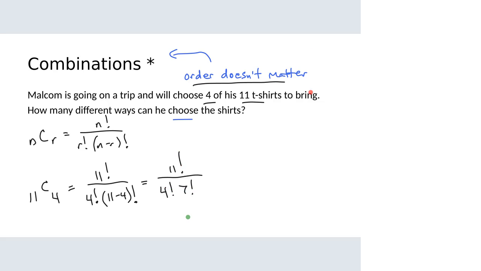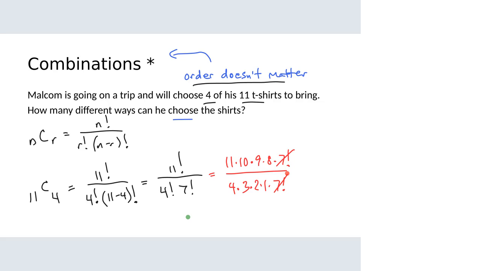I want one of those to cancel on the bottom, so I'm going to rewrite this 11 factorial as 11, 10, 9, 8, 7 factorial, because that'll get rid of this 7 factorial I have down here. The 4 factorial, I'll just write that out as 4, 3, 2, 1. Those will cancel.